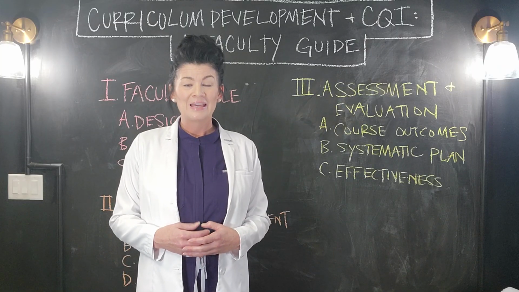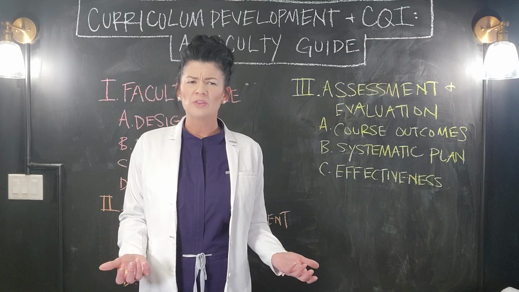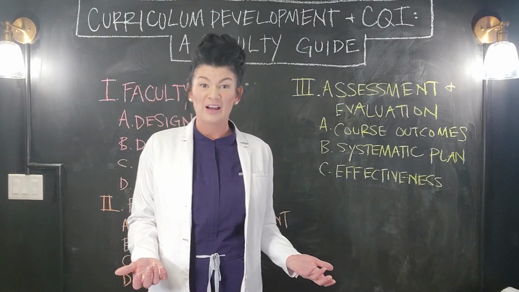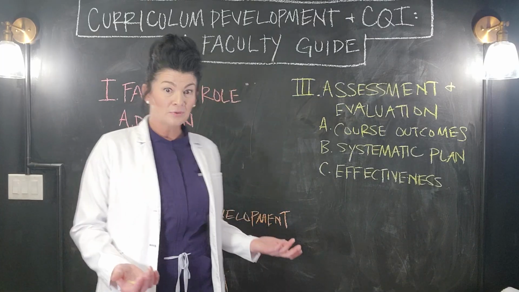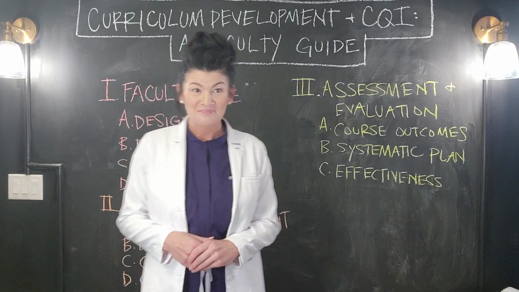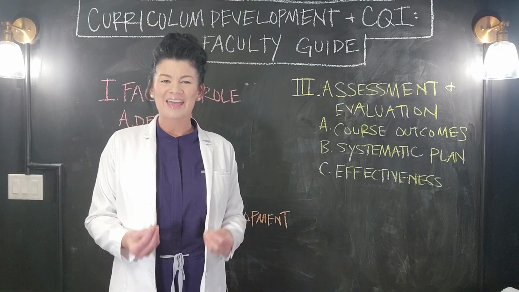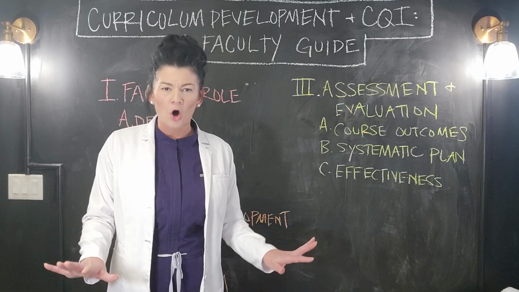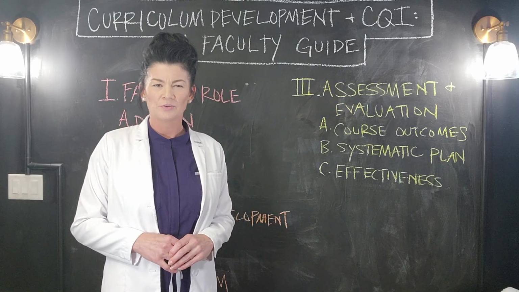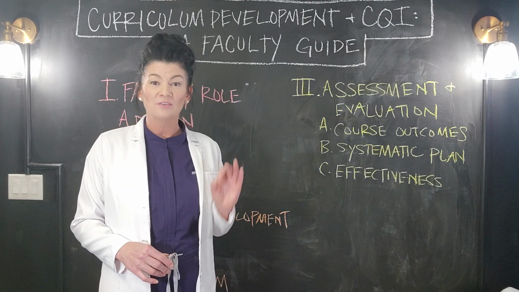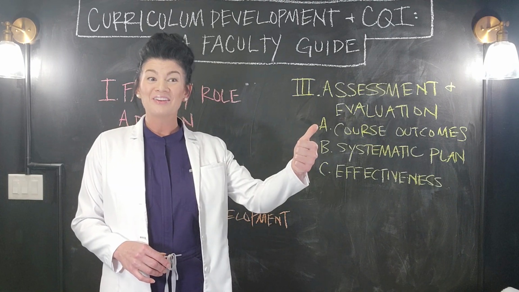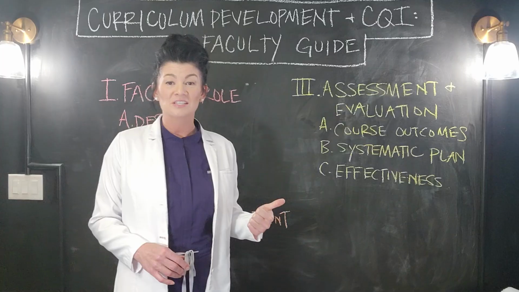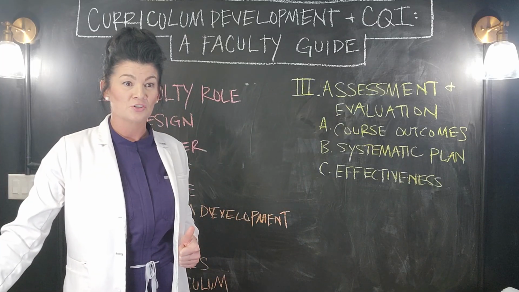goals. Then, how do we determine whether the program is effective and provides the intended outcomes? We look for consistent evidence across all the key performance indicators. A program is effective when NCLEX scores consistently meet or exceed the national average.